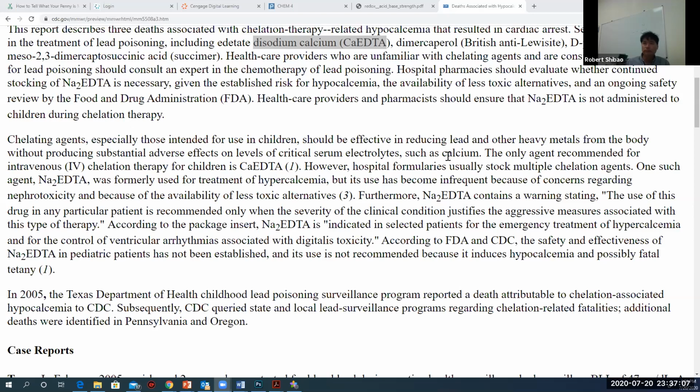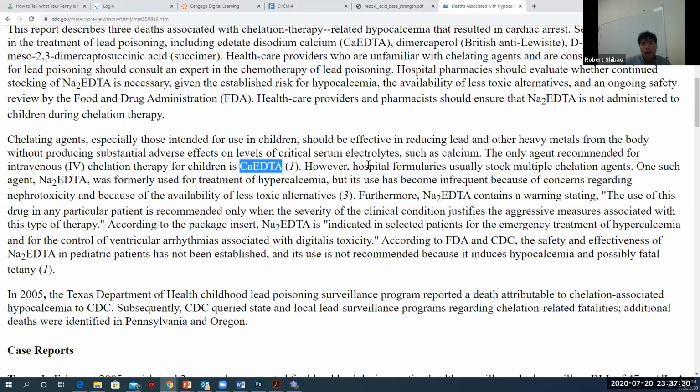And so EDTA loves calcium too. You know, EDTA and calcium like each other. The only agent recommended for intravenous chelation therapy for children is calcium EDTA. Sodium EDTA is too aggressive. You know, we want the less aggressive calcium EDTA.